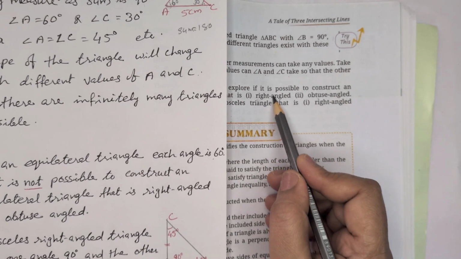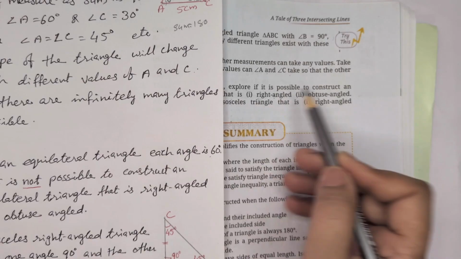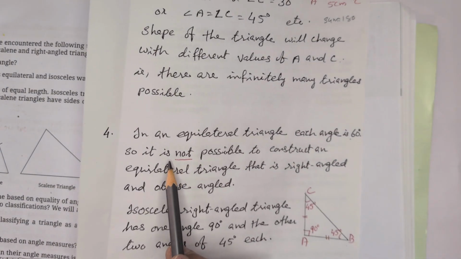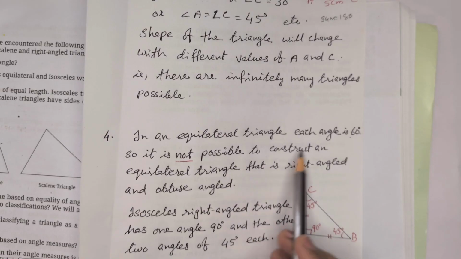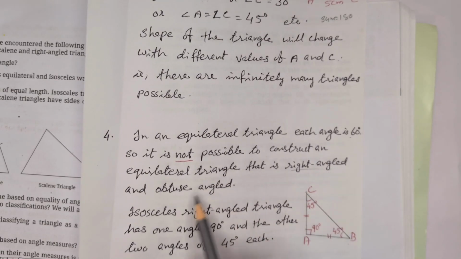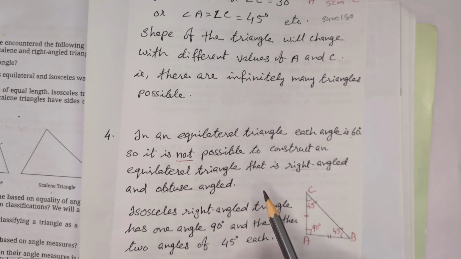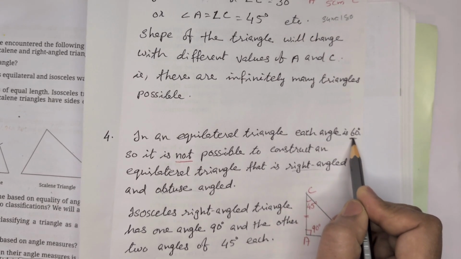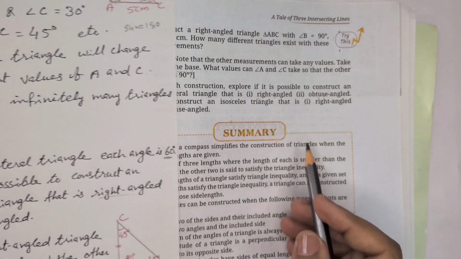All angles will not come as 60, since already one is 90 or more than 90. So we can write: it is not possible to construct an equilateral triangle that is right angled or obtuse angled. In equilateral triangles, the angle measurement is always 60 degrees.